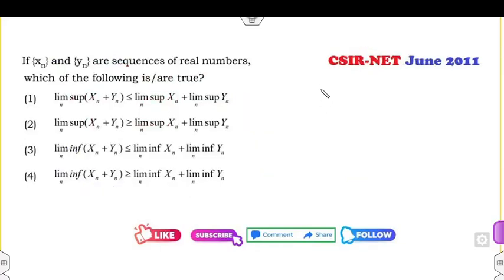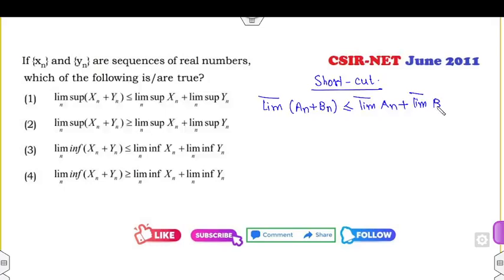Okay, that's very simple. Firstly, I will give you the shortcut tricks and then I will give you the counterexample. Limit supremum of an plus bn is always less than or equal to limit supremum of an plus limit supremum of bn. But what is the limit of an minus bn?